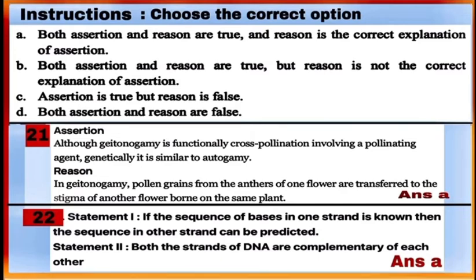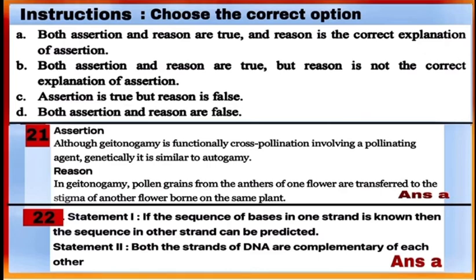Question 22, assertion. If the sequence of bases in one strand is known, then the sequence in the other strand can be predicted. Reason, both the strands of DNA are complementary to each other. Correct option is A. Base pairing in DNA is a very unique property. G always pairs with C and T always pairs with A. The sequence of bases on one strand is complementary to the base sequence of the other strand.